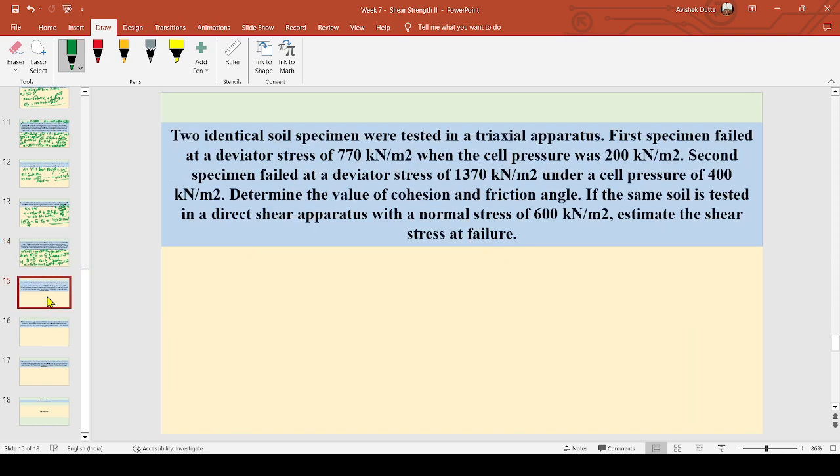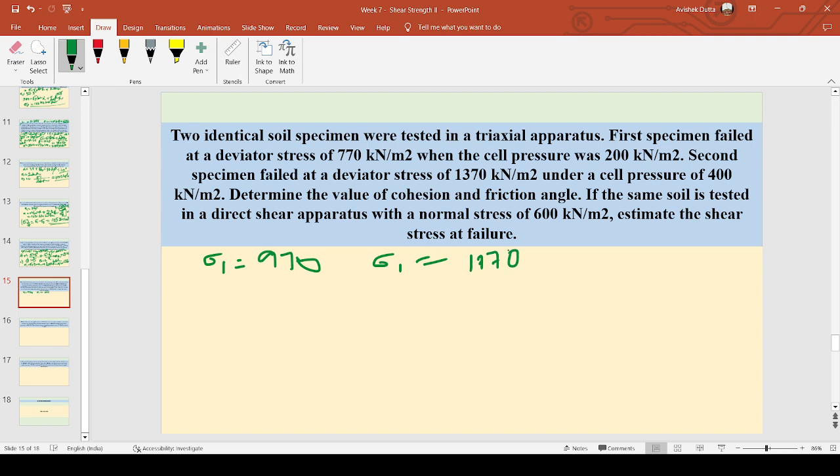Two identical soil specimens. This is similar to the last question. In the first case, sigma 1 is sigma 3 plus sigma d, that is 720 plus 250, almost 970. Sigma 1 for the next sample is 1370 plus 400, this is 1770.